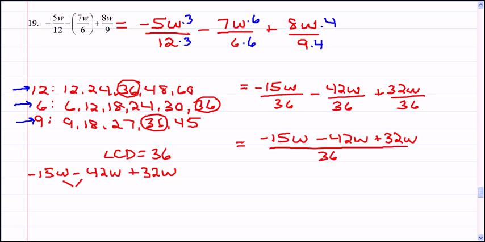So negative 15w plus negative 42w is equal to negative 57w. And then I bring down the 32w. And if I take negative 57 plus 32, I get negative 25w.